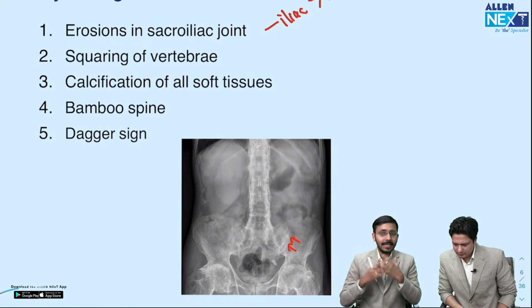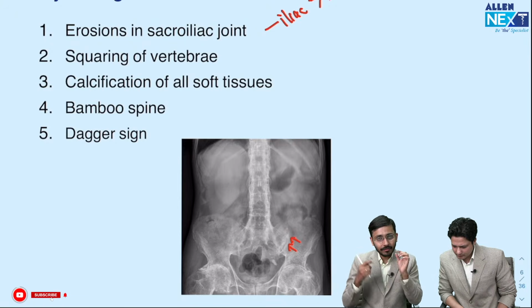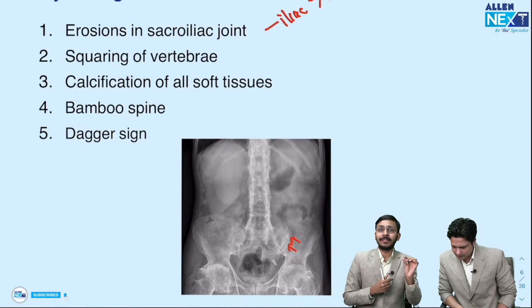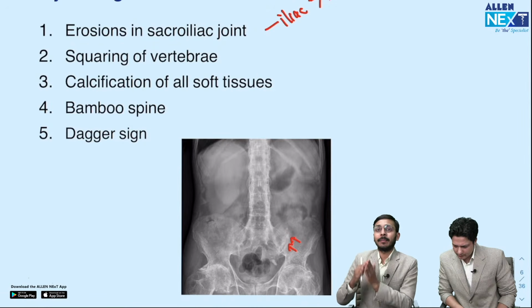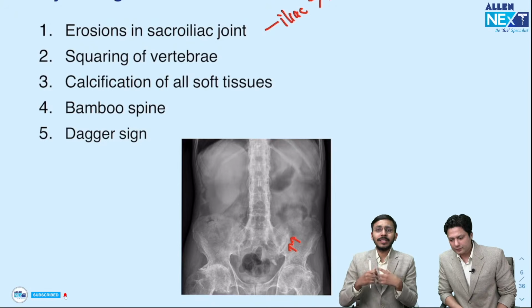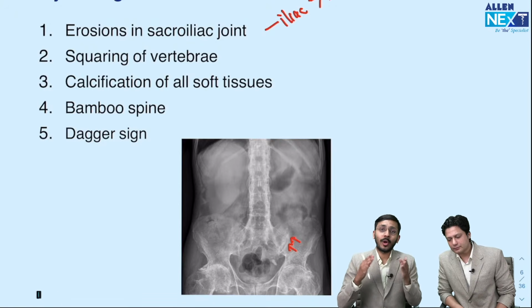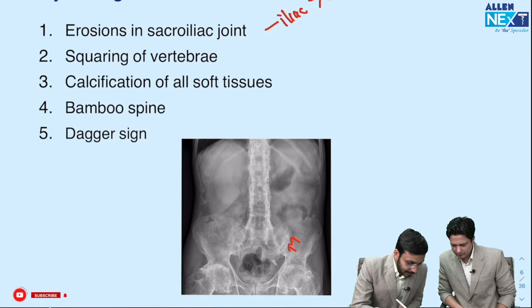Now, secondary, after SI joint involvement, what are the findings on the SI joints? First, there will be joint space widening, because earlier there is synovitis, right? In the SI joint, we have a synovial part and a fibrous part. Ankylosing spondylitis involves the synovial part of the SI joints, and so in synovitis the joint space might not be reduced, but as the disease slowly progresses, there are erosions along the SI joint.